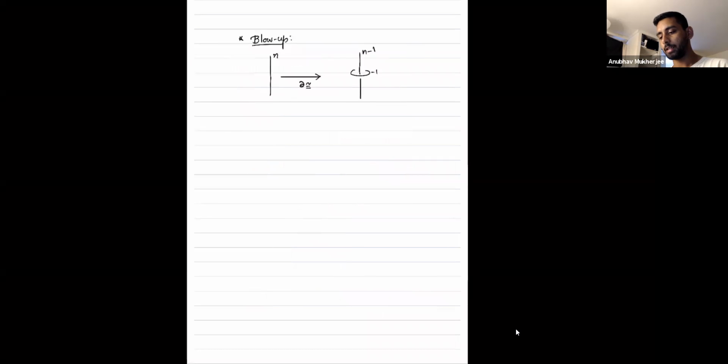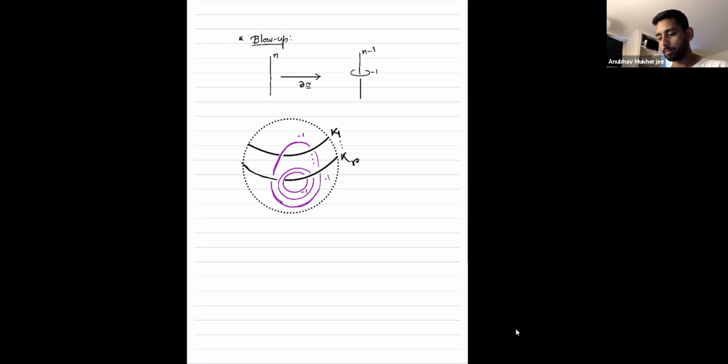So here is a very interesting concept known as blow up, which is as follows: if you have a strand with coefficient n, and you blow up, that is, you add a meridian knot with framing -1, that doesn't change the boundary, but that decreases the coefficient of the knot.